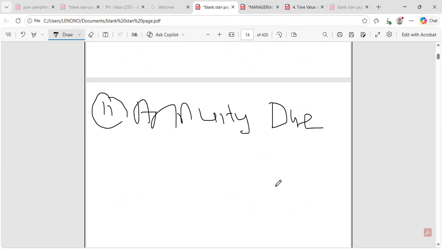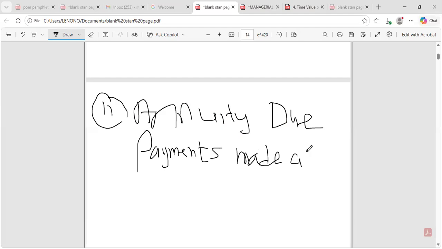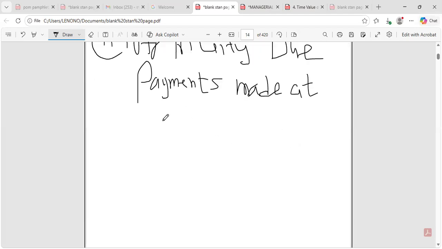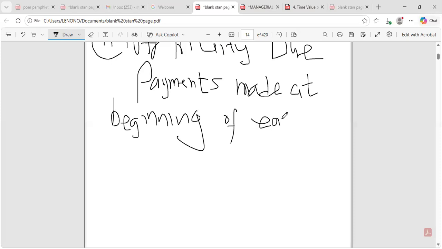This is where payments are made at the beginning of each year or period.